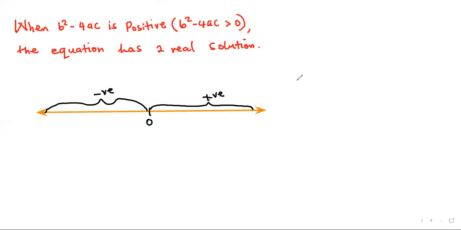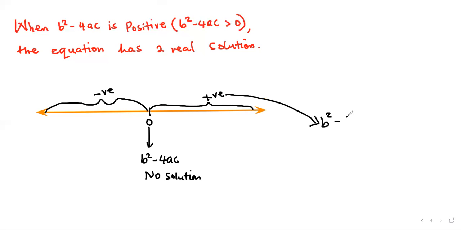So when b squared minus 4ac is positive, it means that we have two solutions.